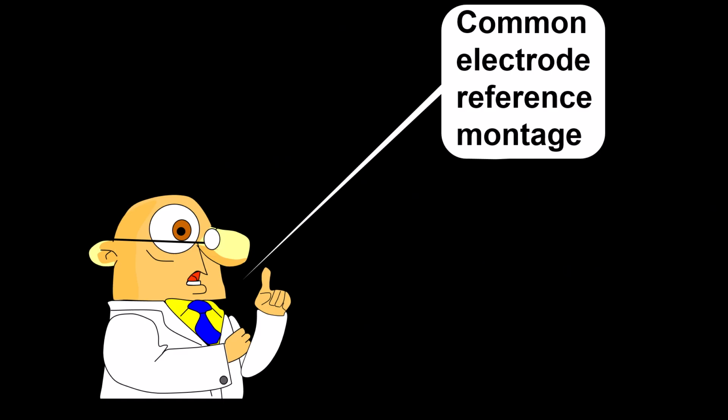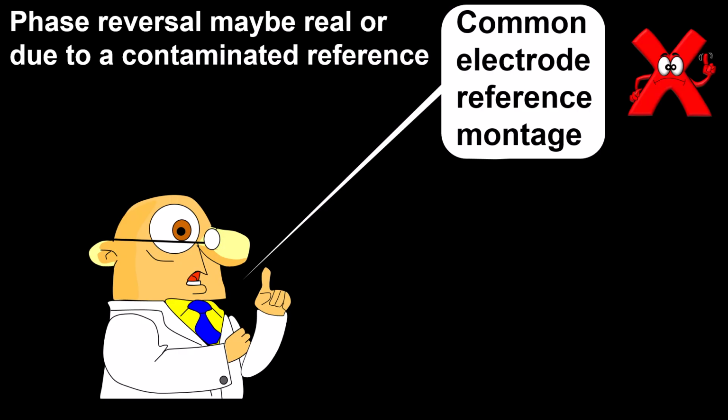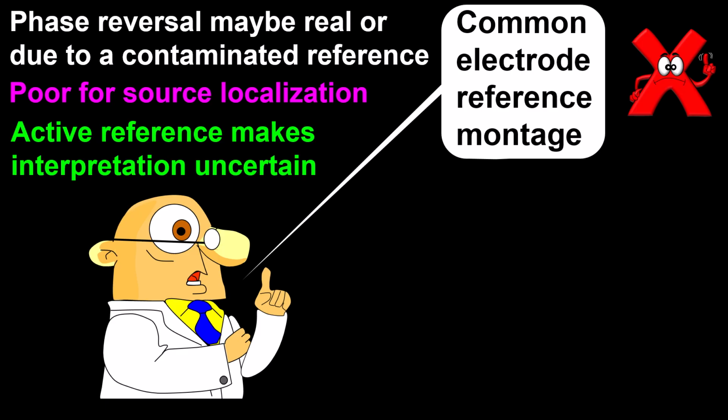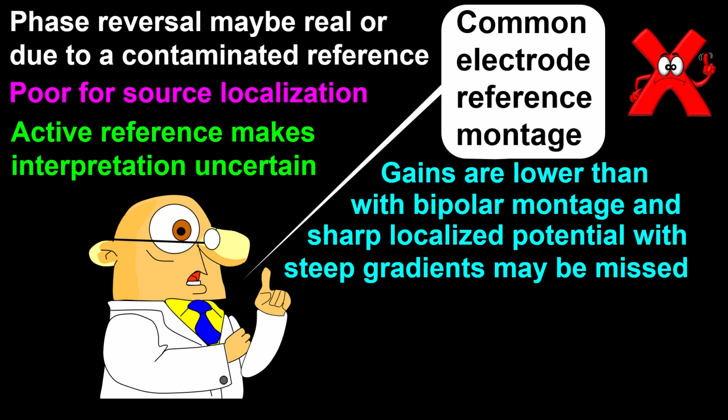On the other hand, common electrode reference montage is bad because phase reversal may be real or due to a contaminated reference, because they have a poor track record for source localization, because in cases of active reference, interpretations of the findings are very uncertain, because gains are lower than with bipolar montage.